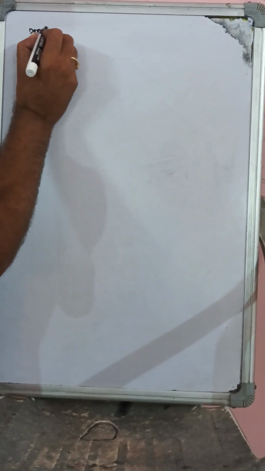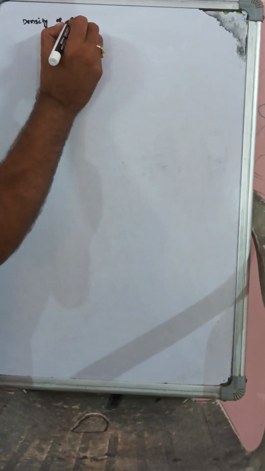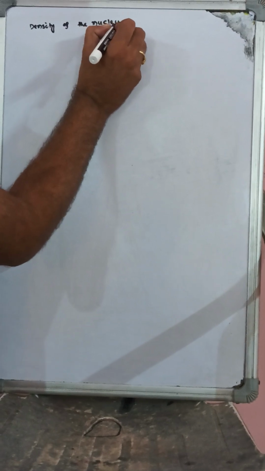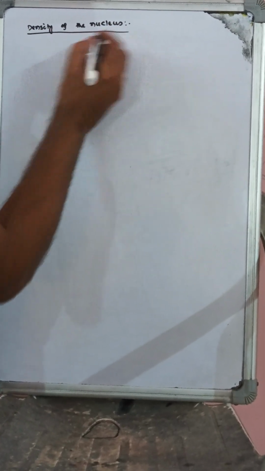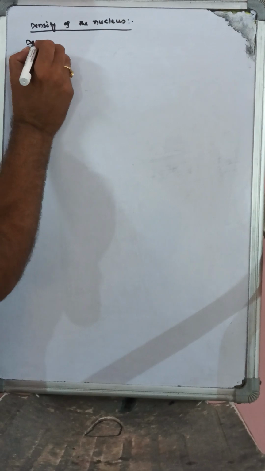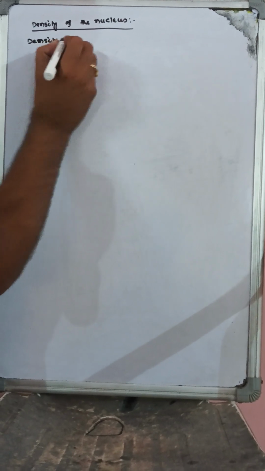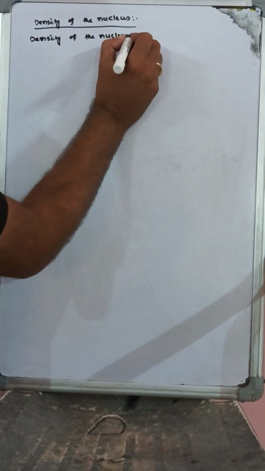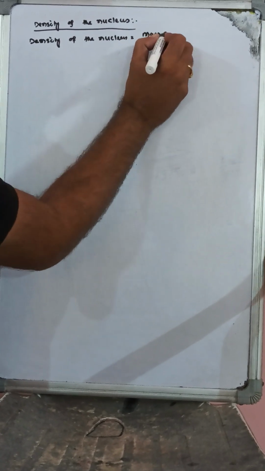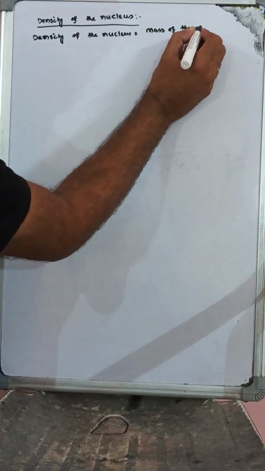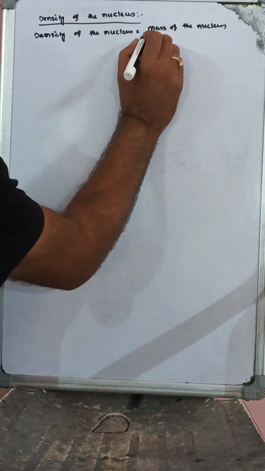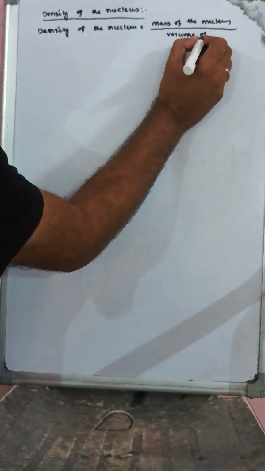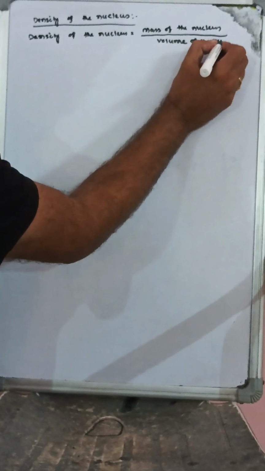Density of the nuclear density. Okay, density of the nucleus is defined as density of the nucleus equal to mass of the nucleus divided by volume of the nucleus.